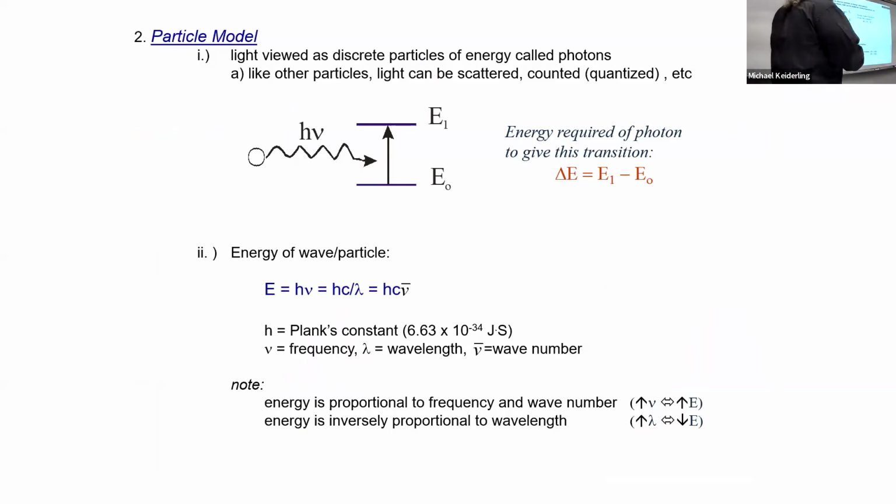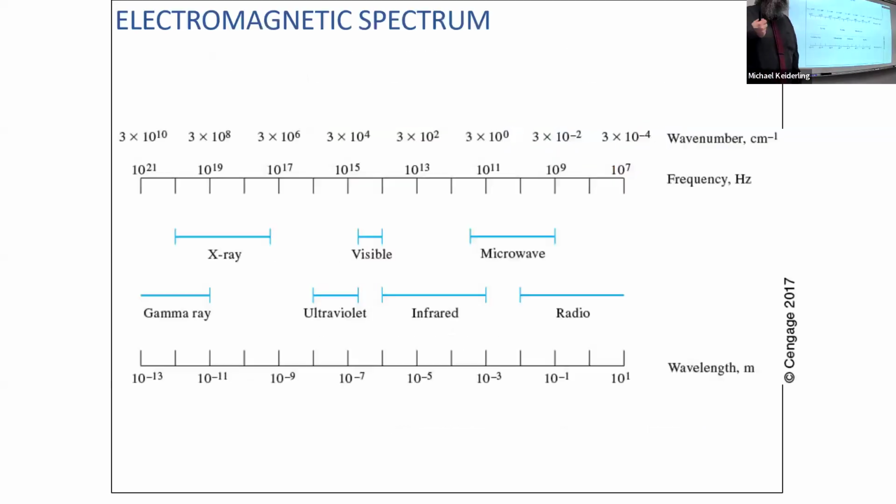When they interact with matter, they execute a transition between two energy levels. That means that the energy of the photon, h nu, corresponds to the difference in energies for the transition. It's proportional to frequency and wave number, and inversely proportional to wavelength.